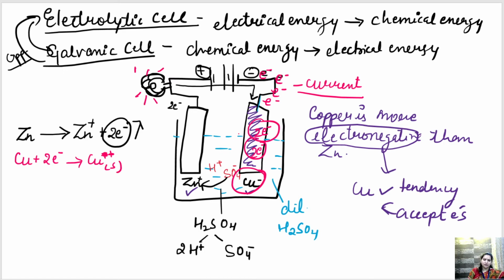So with the help of an electrolyte and dissociation, the current is generated and zinc will transfer the two electrons to copper.